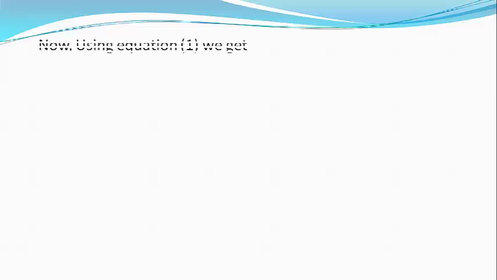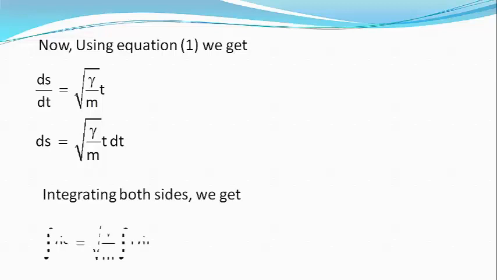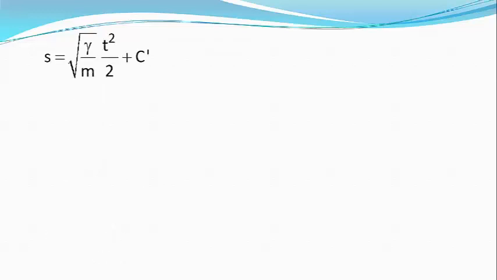Now, using equation 1, we get ds/dt equals root of gamma divided by m into t, or ds equals root of gamma/m into t dt. Integrating both sides, we get integral of ds equals root of gamma/m into integral of t dt, or s equals root of gamma/m into t squared divided by 2 plus c', where c' is the constant of integration.